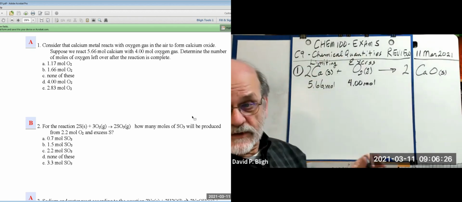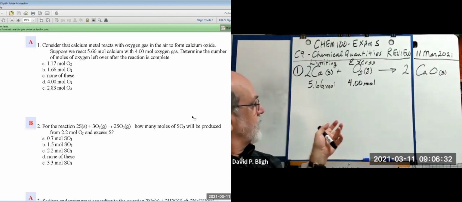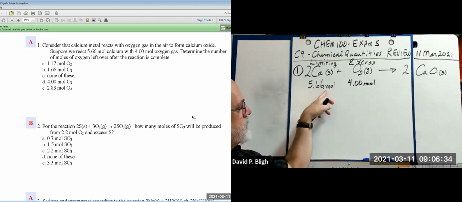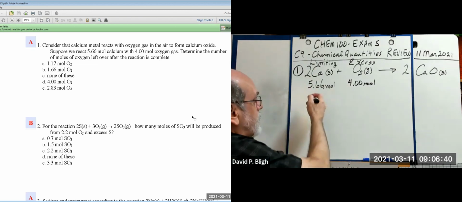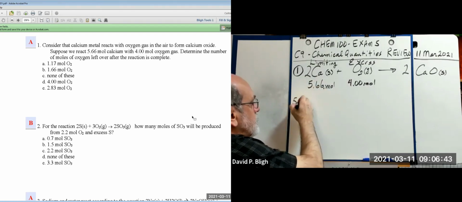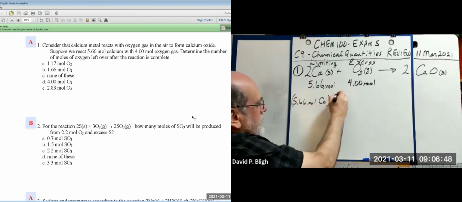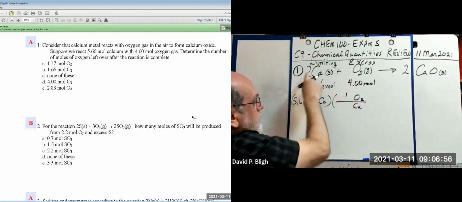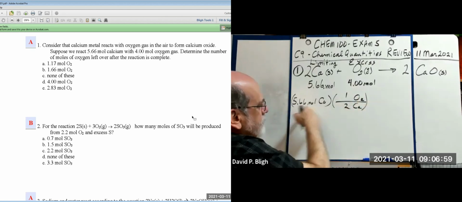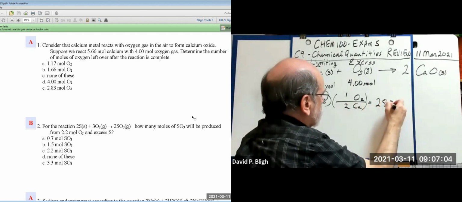All right, we can prove it to ourselves. We're going to have to do some calculations anyway. So with 5.66 moles of calcium, how many moles of oxygen are required? Right. If we take 5.66 moles of calcium and we want to know how many moles of oxygen are required, then we need coefficients, 1 and 2. So 1/2 of that number, which should be, let's see, 2.83.